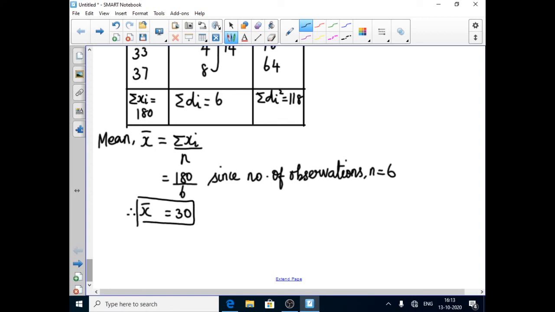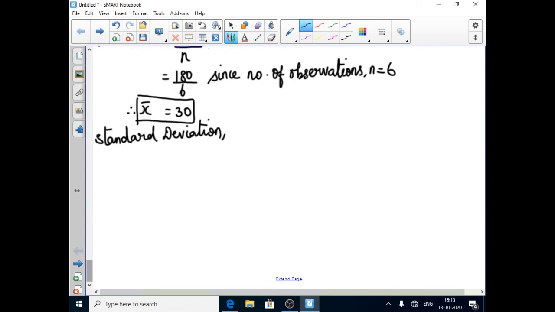Now you have to find the standard deviation. Standard deviation sigma is equal to the square root of sigma di squared by n minus sigma di by n whole squared.